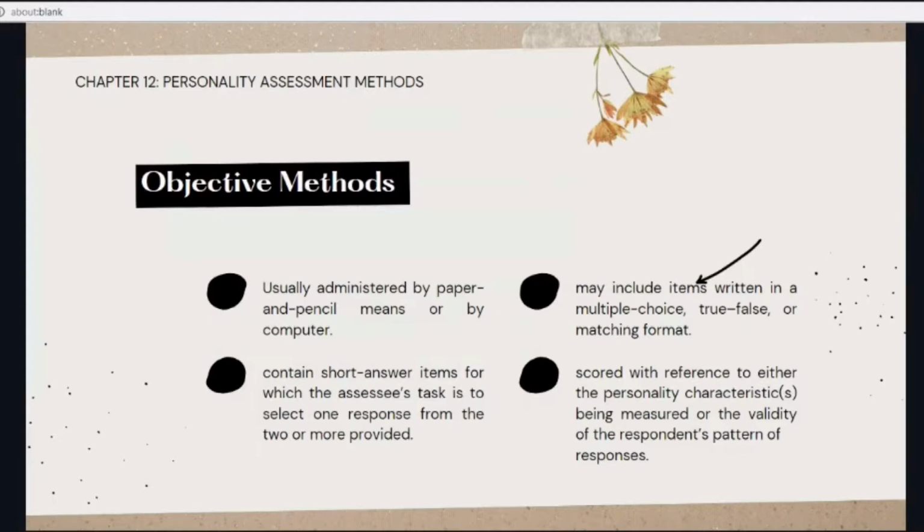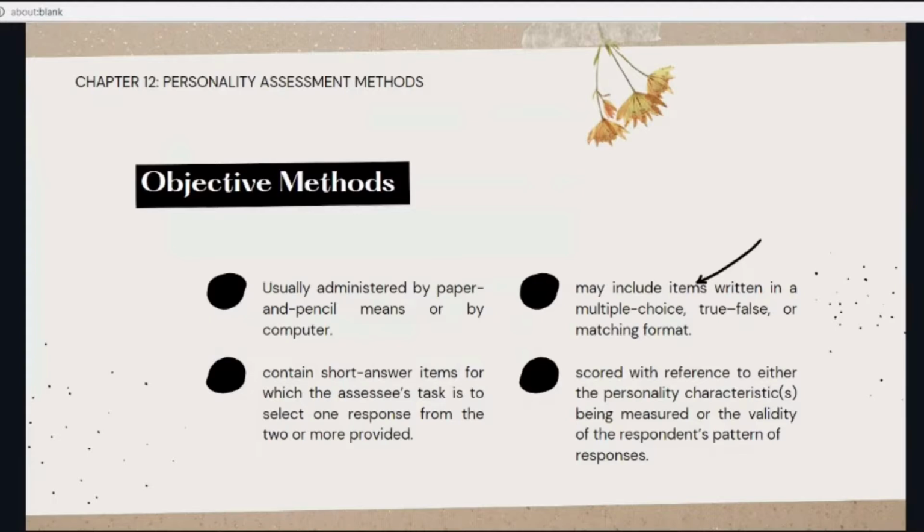The objective personality test can be answered easily and quickly since it has short answer items and is not a complicated task. It can also be scored quickly and reliably, either manually or by computer. And the analysis and interpretation is as fast as scoring the objective items.